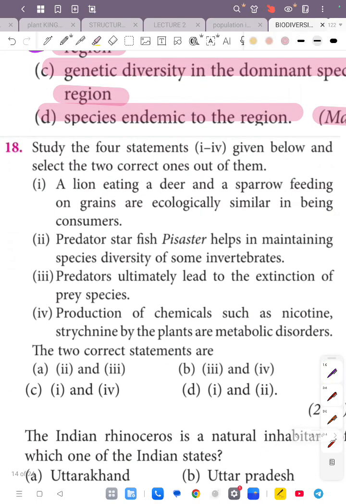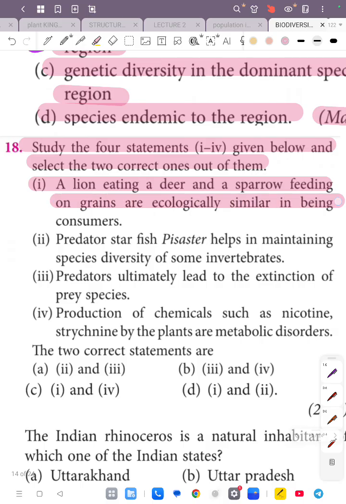The next question says, study the four statements 1 to 4 given below and select the two correct ones out of them. All right. Statement 1: a lion eating a deer and a sparrow feeding on grains, they're ecologically similar in being consumers. Statement 2: predator starfish Pisaster helps in maintaining the species diversity of some invertebrates.